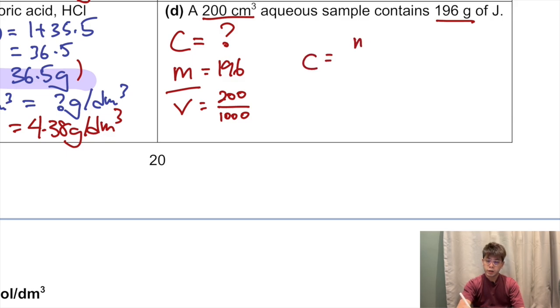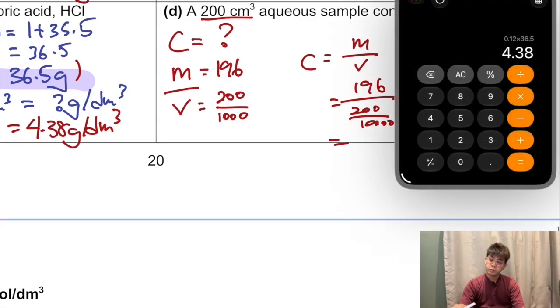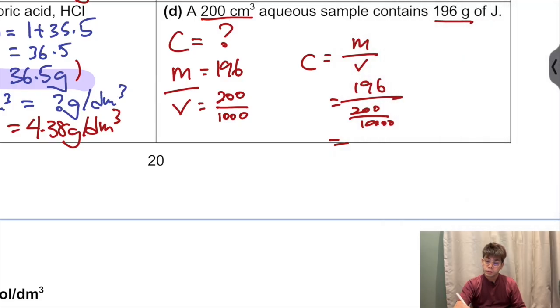So C equals M over V. So that's 196 divided by 200 over 1000. So that is 980 grams per dm cube.